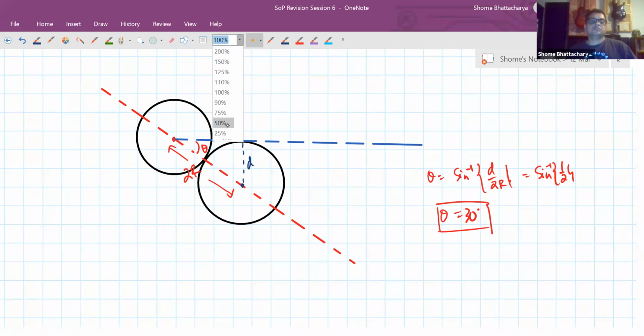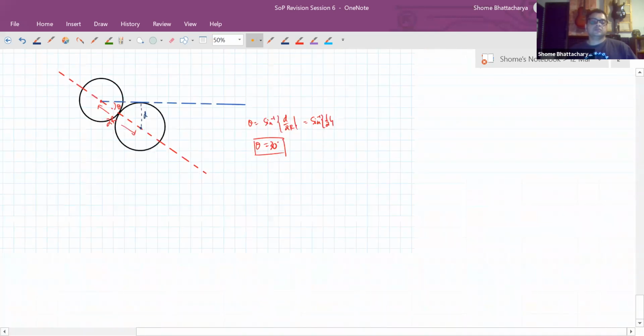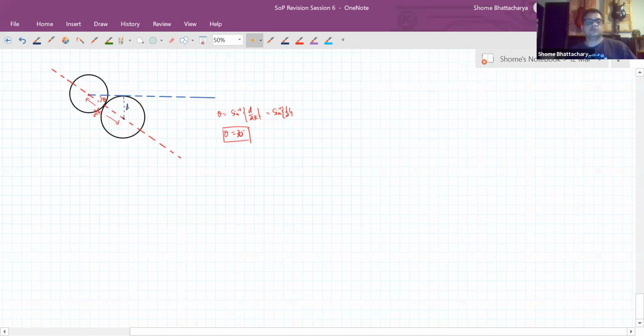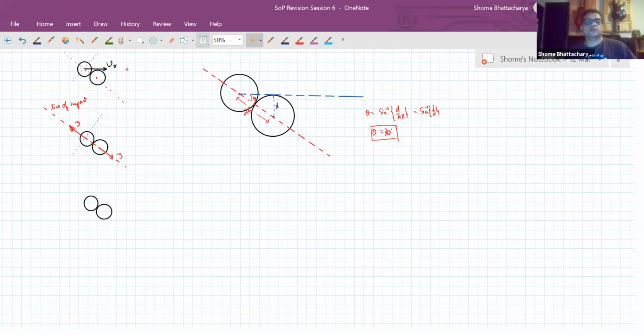So this is the relationship between the initial velocity vector of A, which is along this direction, and the collision impulse acting on B, which is along this direction. You can see this angle is 30 degrees.